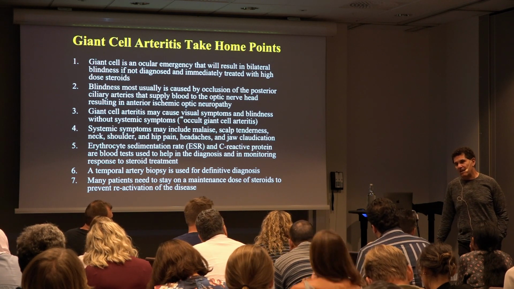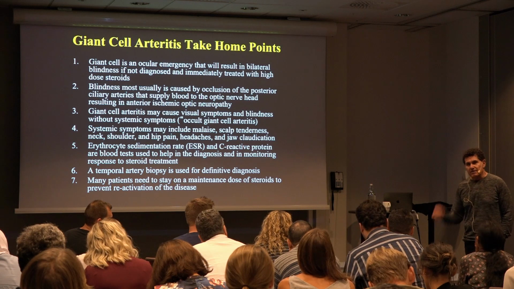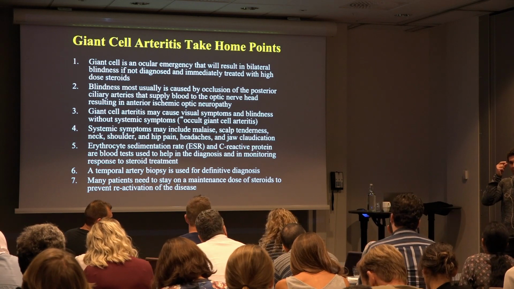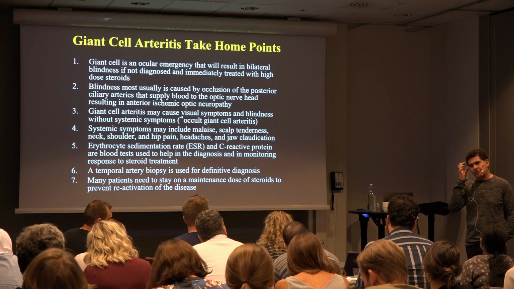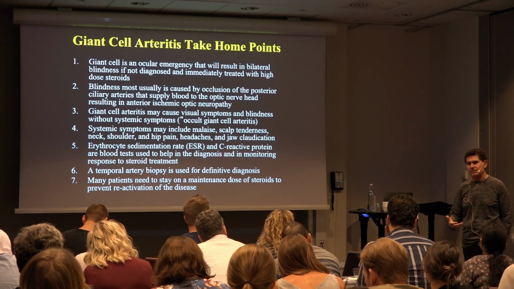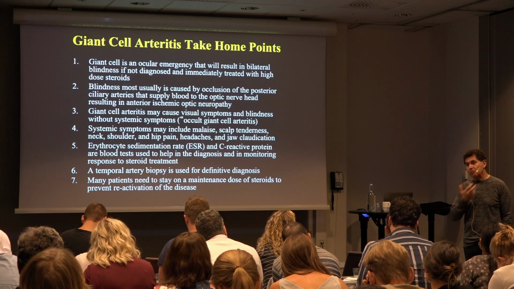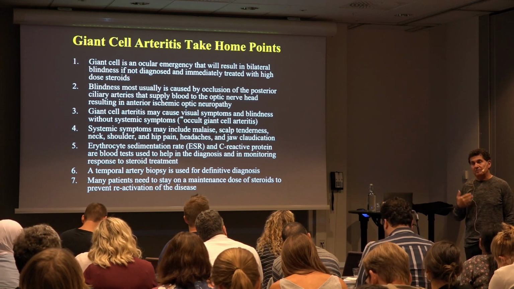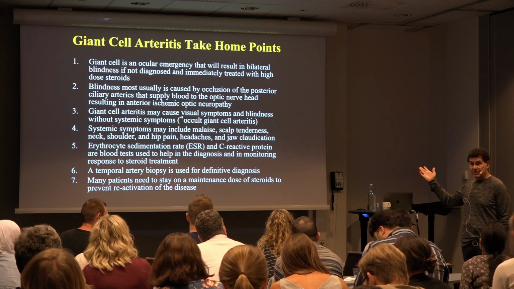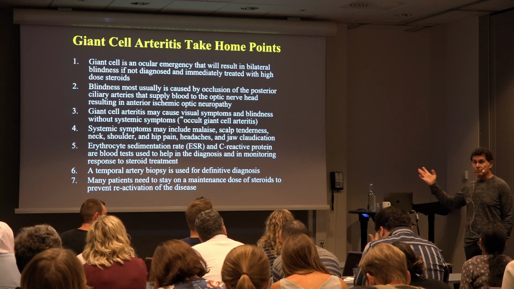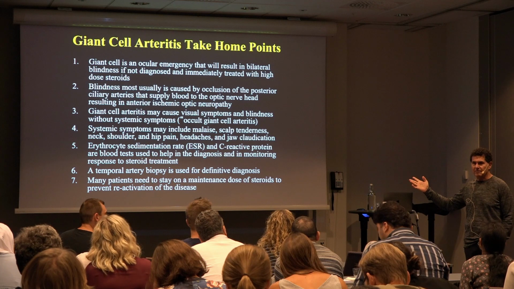Oh, no, it's not positive all the time. There are skip areas, and also it may be in one side, not the other. So the question is, what if the first side's negative and you have a high clinical suspicion? Sometimes we'll biopsy the other side. Sometimes if the clinical suspicion is high enough or they have angiographic findings, even if the biopsy is negative, we'll treat them as if they have giant cell.